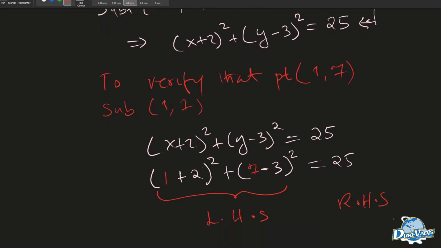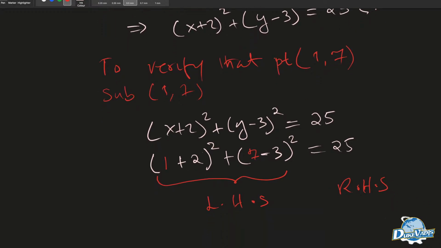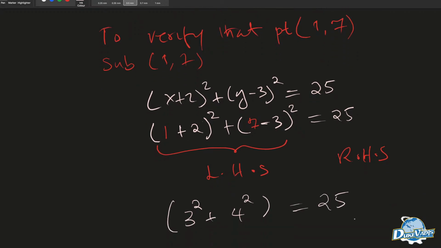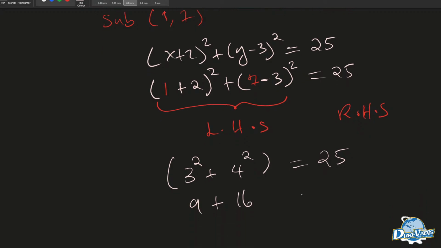Now we are going to take it stepwise. We get 3 squared plus 4 squared on the left, and on the right we have 25. So this will be 9 plus 16, which is 25.